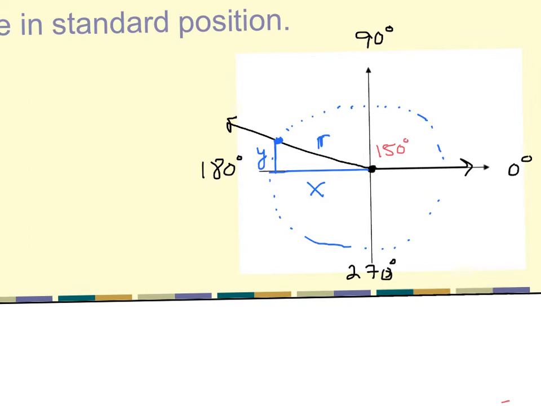In order to find the information about this triangle, I need to find the reference angle here, which is 30 degrees. This is a right angle, and because this is 30 degrees, that makes this 60. So it's a 30, 60, 90.